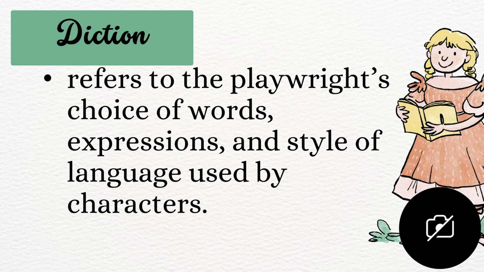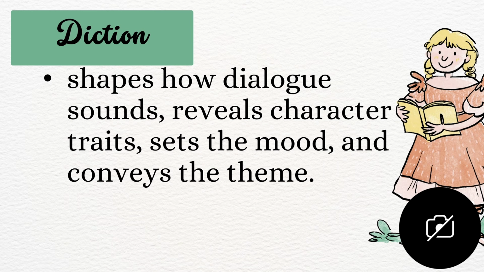The diction, again, we have already talked about it when we talked about style. So this is a simpler term for the playwright's style. Okay, choice of words, expression of the writer, the playwright used to give to the characters. It shapes how the dialogue sounds, reveals character traits, sets the mood, and conveys the themes.